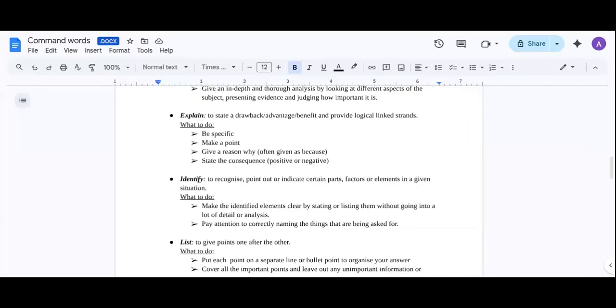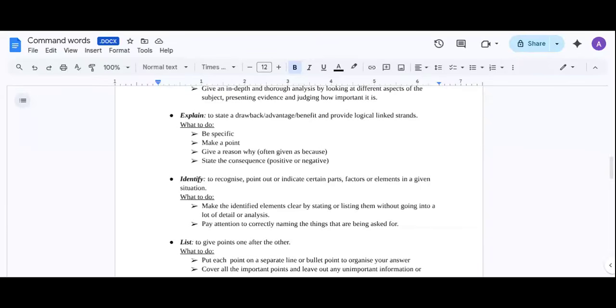Then we have identify. To recognize, point out, or indicate certain parts, factors, or elements in a given situation. What to do? Make the identified elements clear by stating or listing them without going into a lot of detail or analysis.